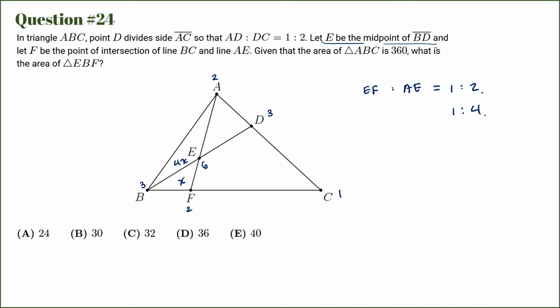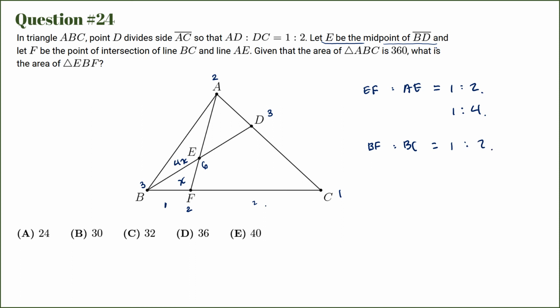Now let's think about the entire triangle ABF in relation to the entire triangle ABC. So here again, the areas are going to be in direct relation to the bases. Because BF to BC is, see here, we can have this be 1, and then this is 2, so 1 to 2.